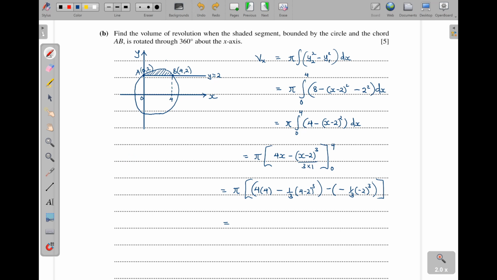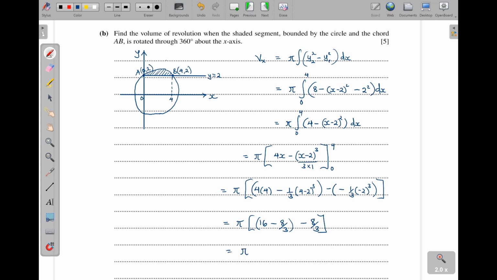Okay. Now, continuing, we shall have this one as 16 pi, then into, this will be 16 minus, this will be 2 cubed, which is 8, so minus 8 over 3. Then from there, the power of a negative is always a negative, so negative 8 here times the negative here becomes a plus, but then there is a negative here, so it will be minus 8 over 3.